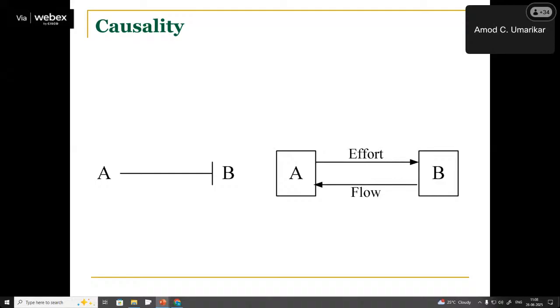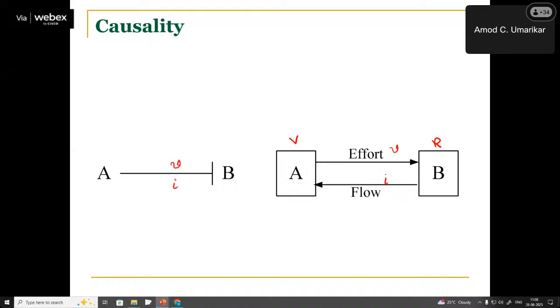I am applying effort, that is, let's say this is voltage, this is a resistor. So what am I applying? Effort here, voltage. What is coming out? Current. So there are two variables associated.